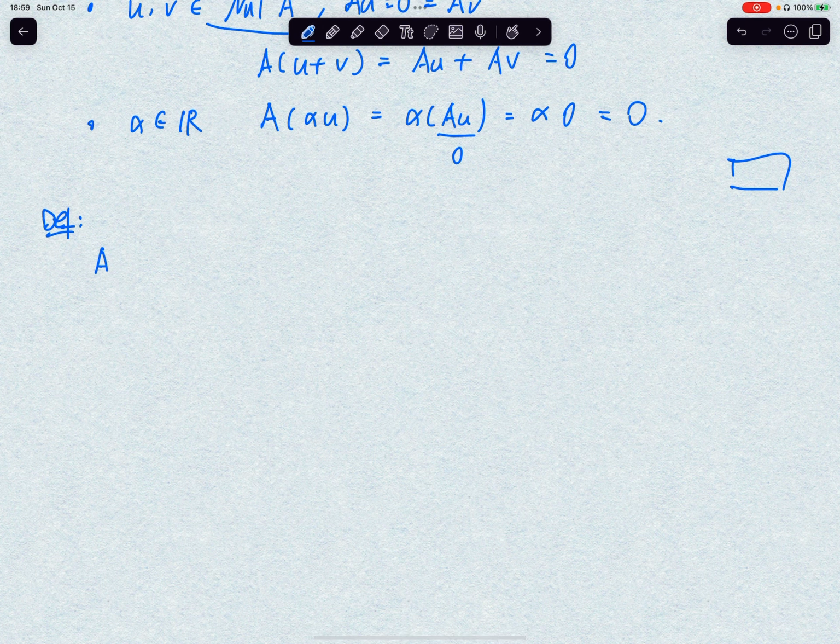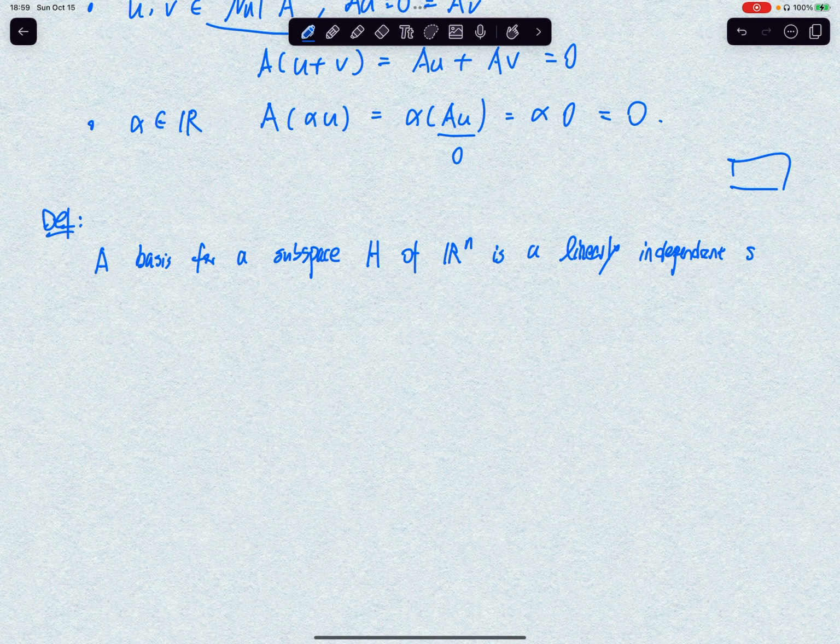A basis for a subspace H of Rn is a linearly independent set in H that spans H. So when H equals Rn, such a basis is a basis for Rn itself.